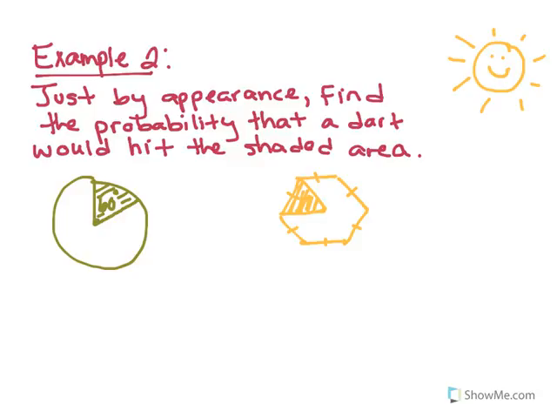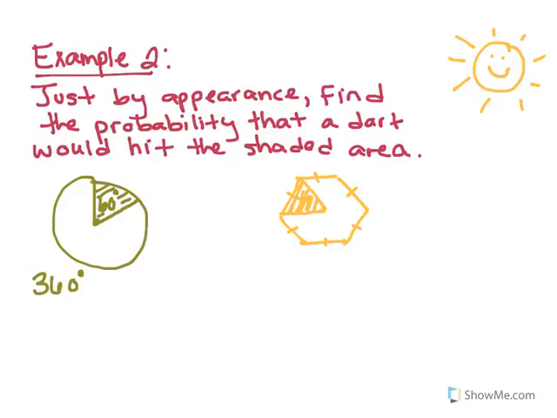So in the first example, we have a green circle, and it just says that that shaded part is 60 degrees. So what you have to be aware of is how many degrees a real circle has, and we all know that a circle contains a total of 360 degrees. So as long as I know that the shaded region has a certain degree measure, I can do this very easily.